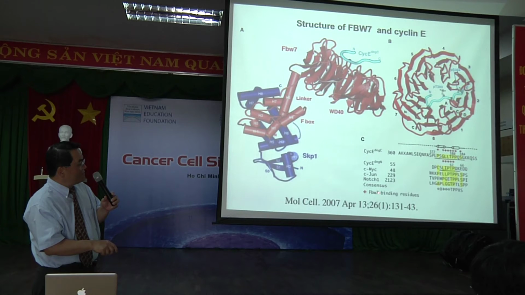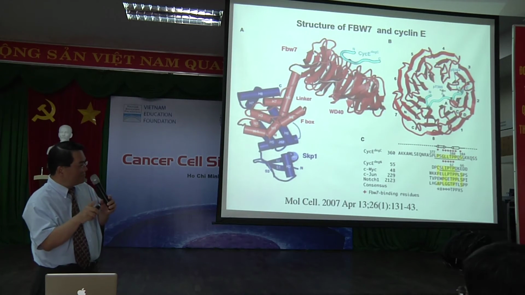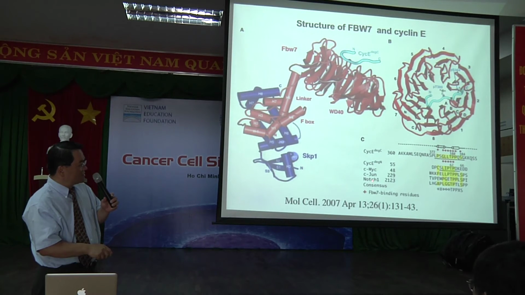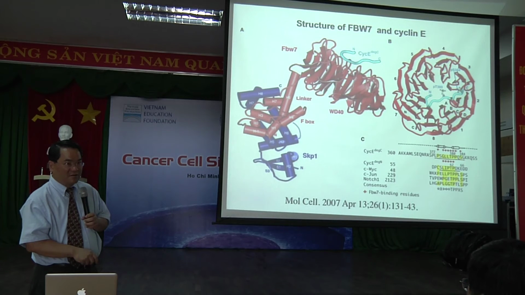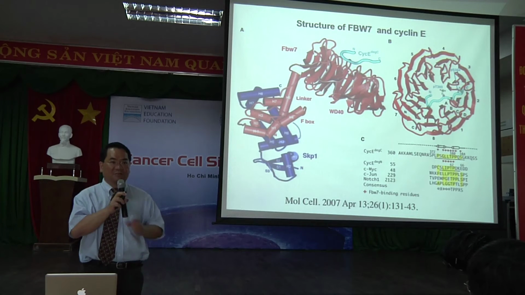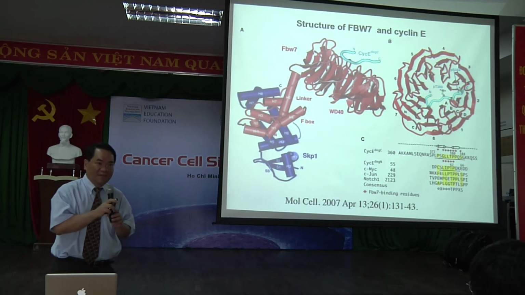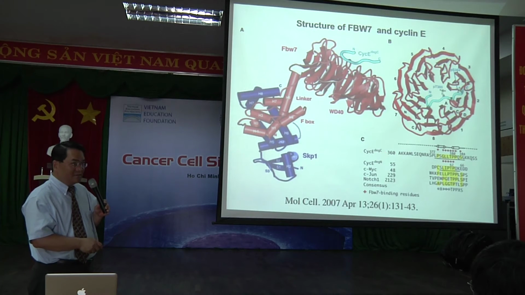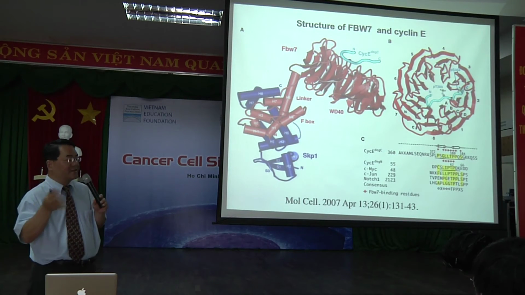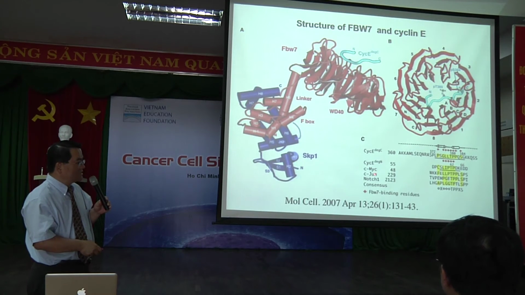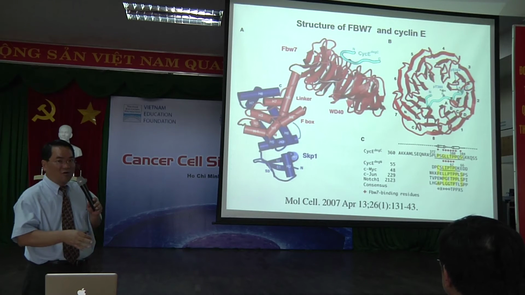And FBW7 uses that motif to recognize not only cyclin E, but also MYC, c-Jun, Notch, etc. So FBW7 is a very important tumor suppressor gene because it is able to cause the degradation of cyclin E, MYC, c-Jun, and Notch. These are all oncogenes.